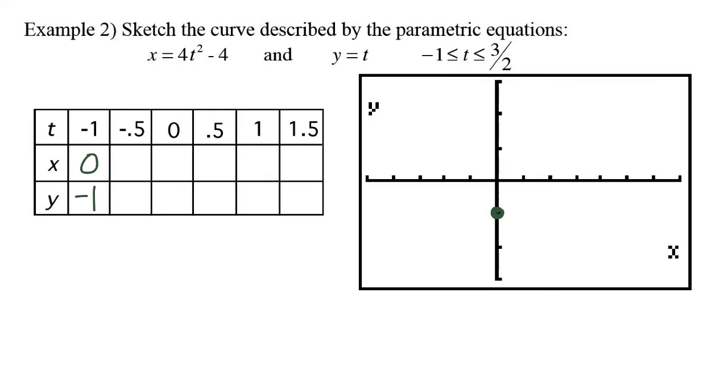-1/2, if I plug in -1/2 here, let's keep in mind that's going to give me 4 times -1/2 squared minus 4. So that -1/2 squared is actually a positive 1/4, and that's going to cancel with the 4.